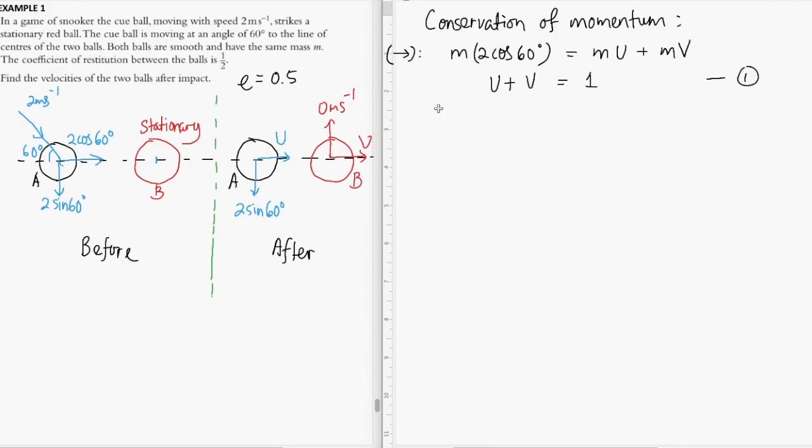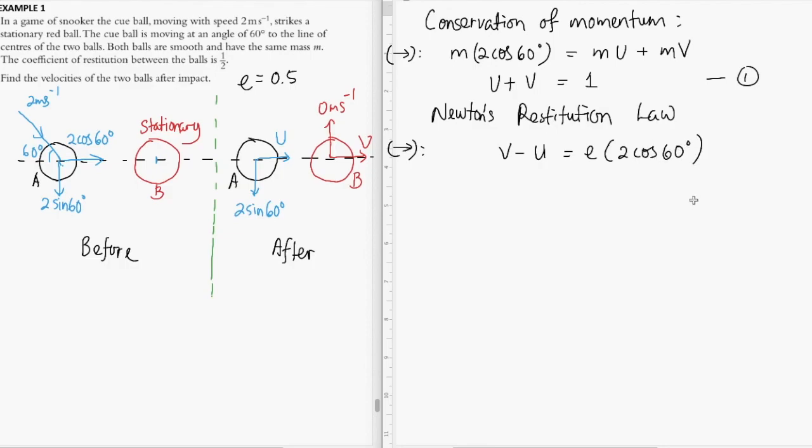Next we apply Newton's restitution law, also considering the horizontal component during the impact. So here we have v minus u equal to the coefficient of restitution multiplied by the velocity of approach, which in this case is 2 cos 60, because object B is at rest initially.